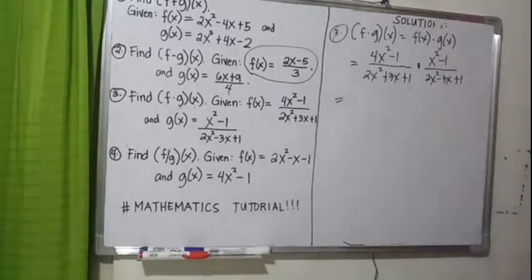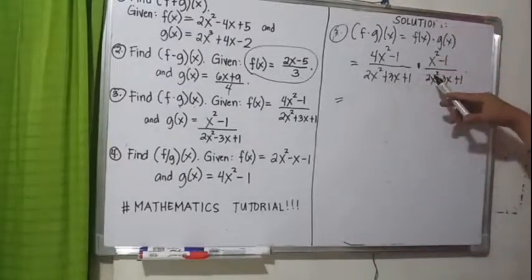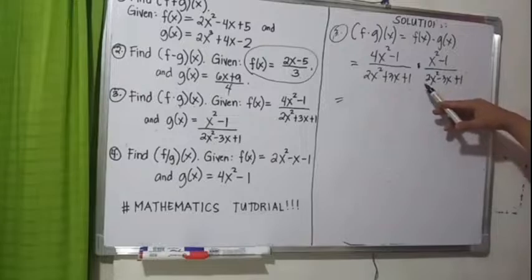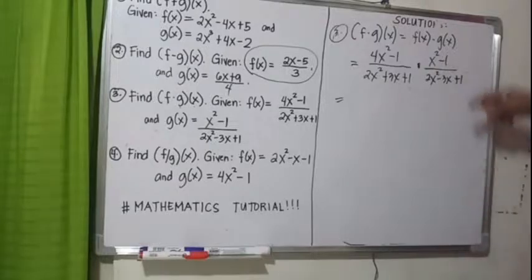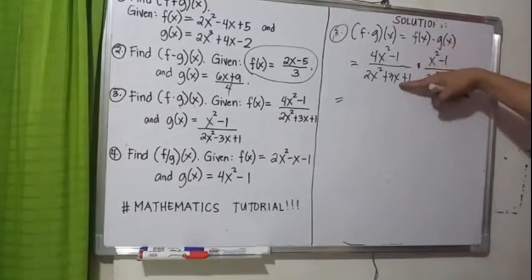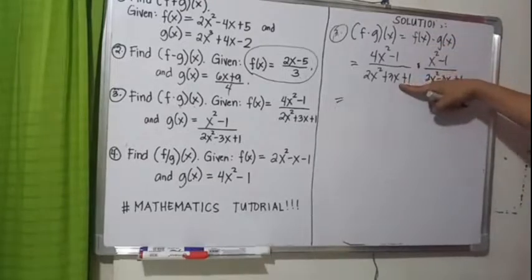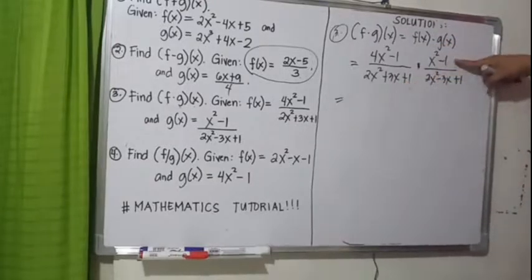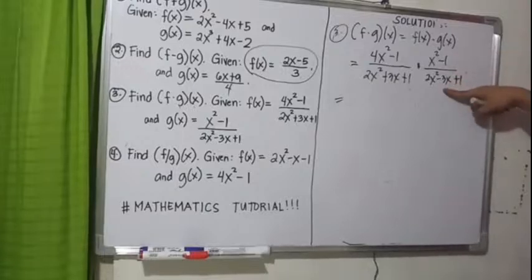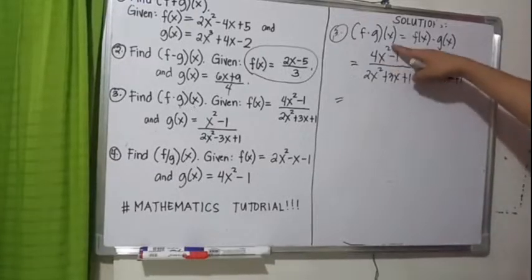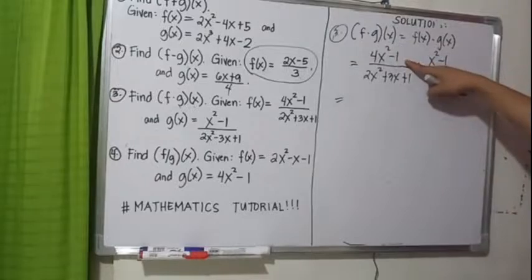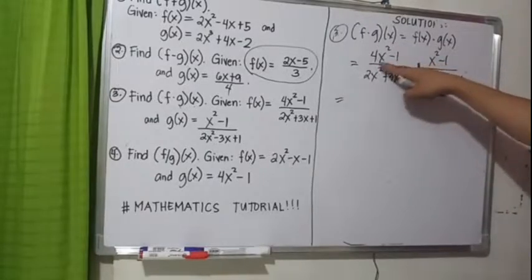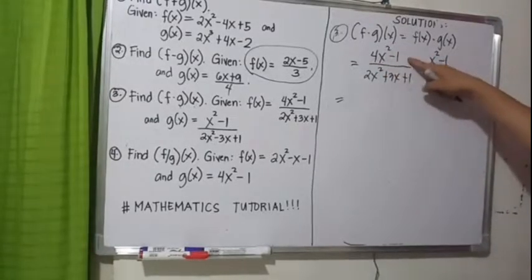Okay, next, how to find the product of these given functions. So first, tingnan natin yung numerator and denominator natin. 4x squared minus 1, pwede pa ma-factor. So ano yung factor nito? 4x squared minus 1.